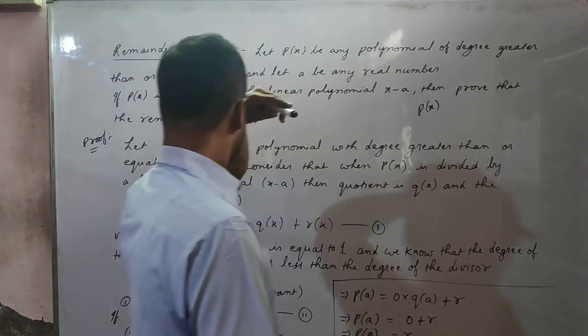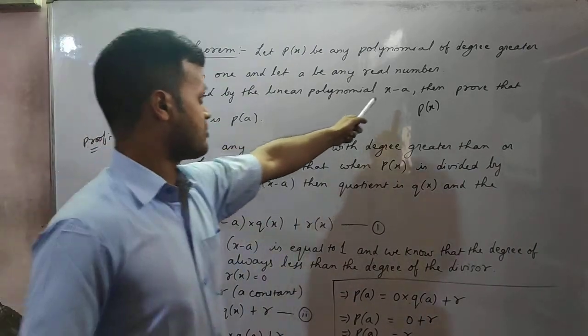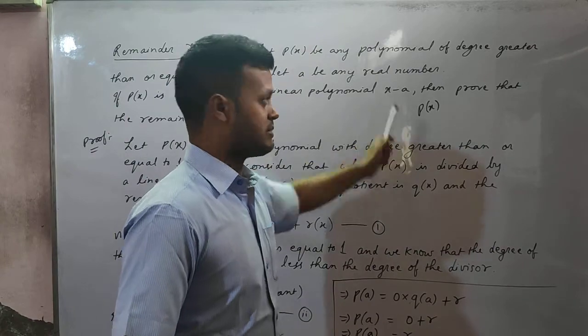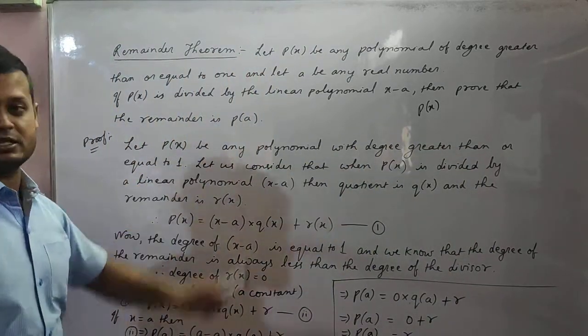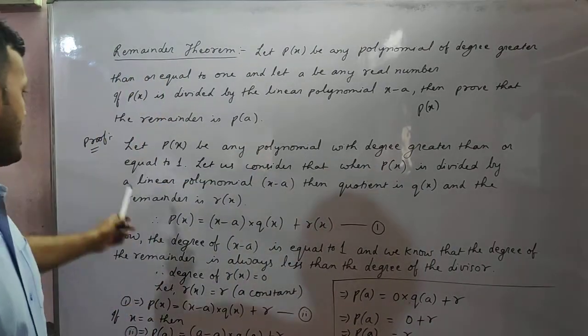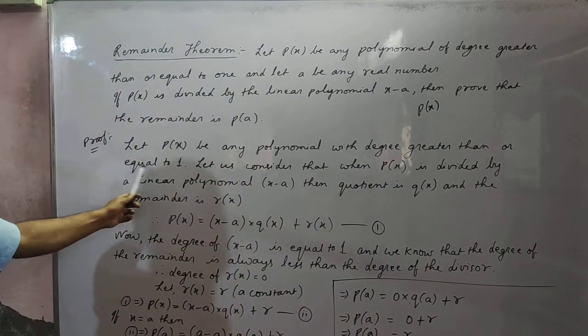Okay, and if p(x) is divided by the linear polynomial x minus a, then we have to prove that the remainder is p(a). So now let p(x) be any polynomial with degree greater than or equal to 1.